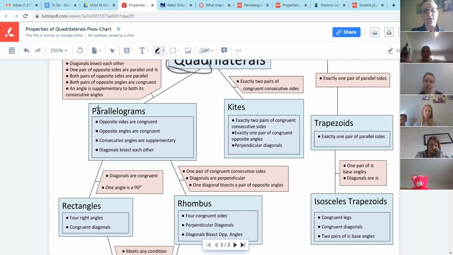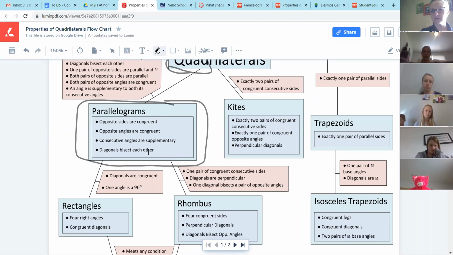So when you look at the box that says parallelograms, these are all the things that are true about parallelograms. Their opposite sides are always going to be congruent. Their opposite angles are always going to be congruent. Their consecutive angles are always going to be supplementary, and the diagonals are going to bisect each other.